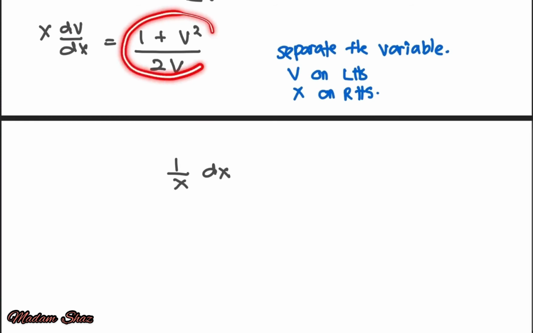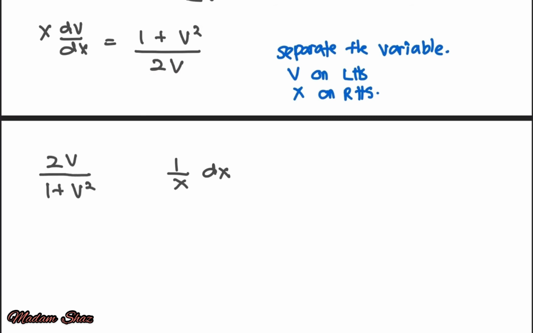So 1 plus v square divided by 2v, when we move to the left hand side, this one will change position: 2v over 1 plus v square. So the dv here will remain on the left hand side.